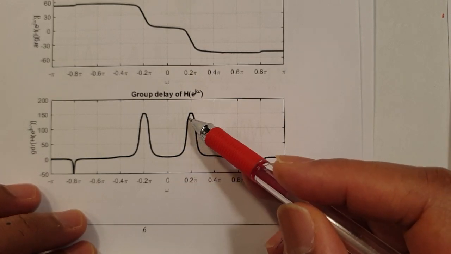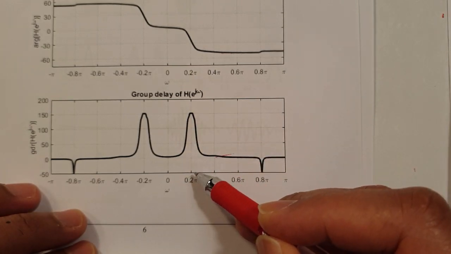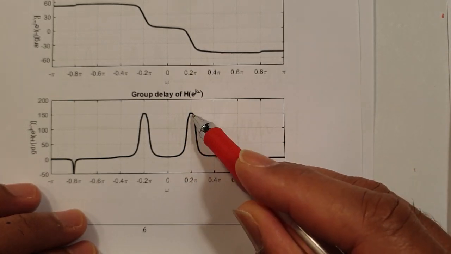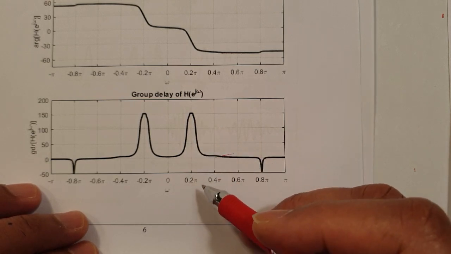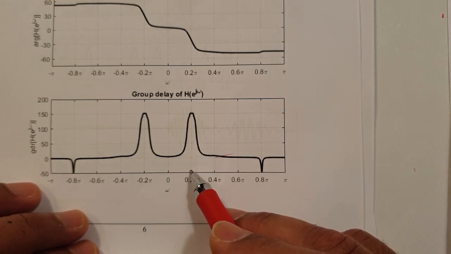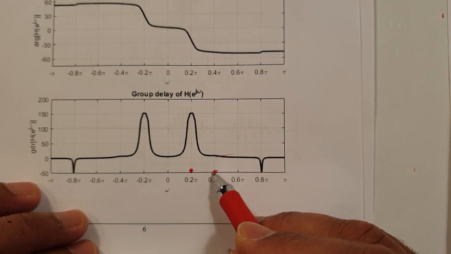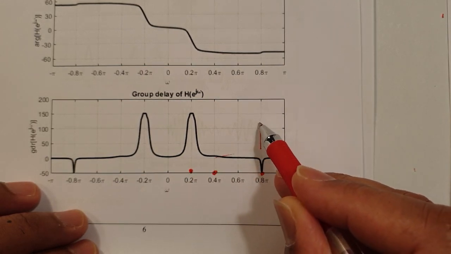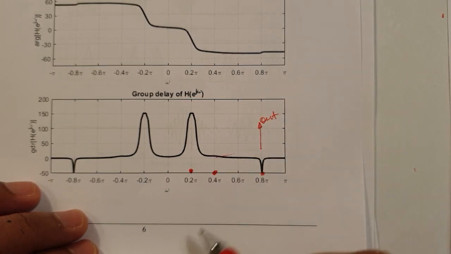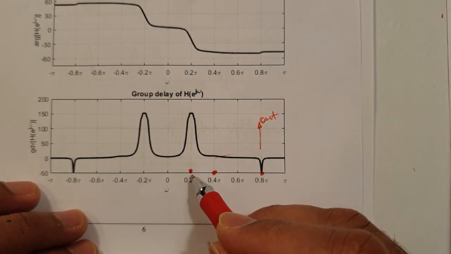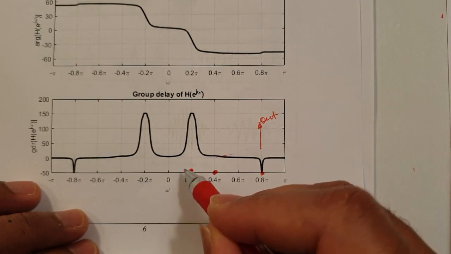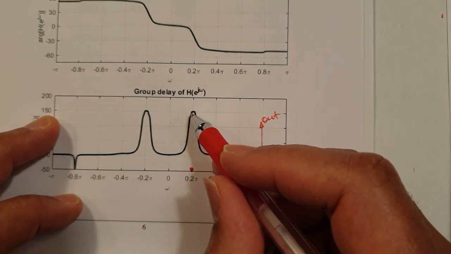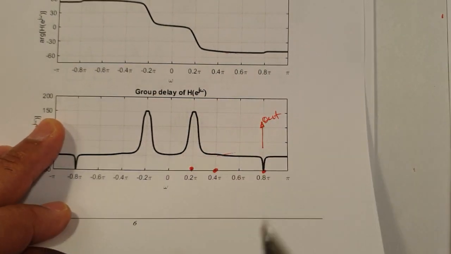The lowest frequency was 0.2. I will mark them here, these were the frequencies that we had. This one here disappeared, so it's out, okay? But of the other two, the one at 0.2 was delayed by 150 samples, all right?